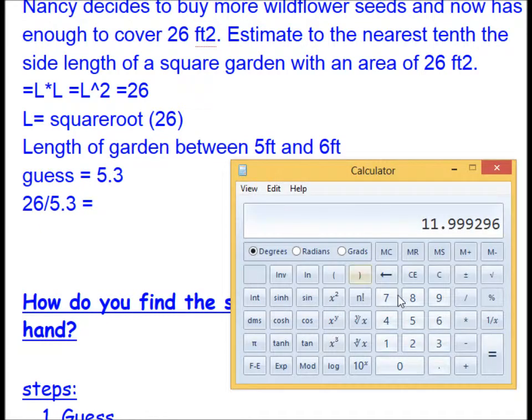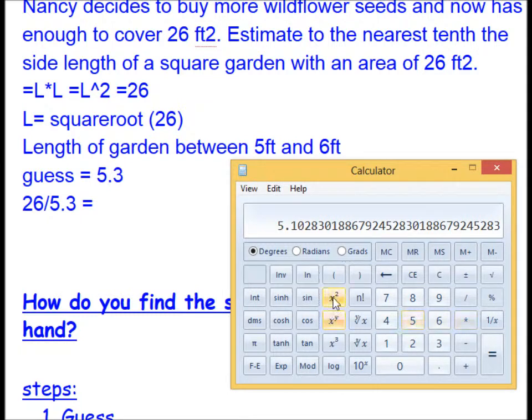26 divided by 5.3 is 4.9. Then we will have to calculate the average. 4.9 plus 5.3 divided by 2. What is the number? 5.102.